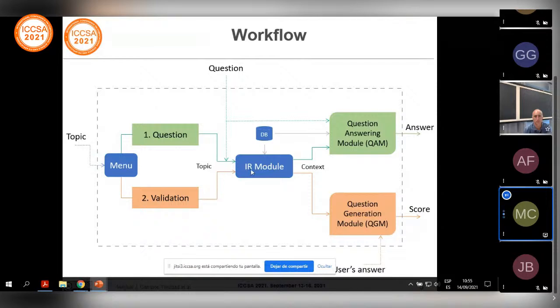This information retrieval model searches our database for the context most related to the query entered. For this model, we use the RM3 model, which is an optimized version of the well-known BM25. These contexts enter to their respective main models that will be detailed later.